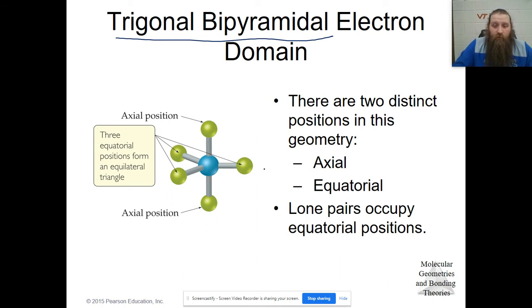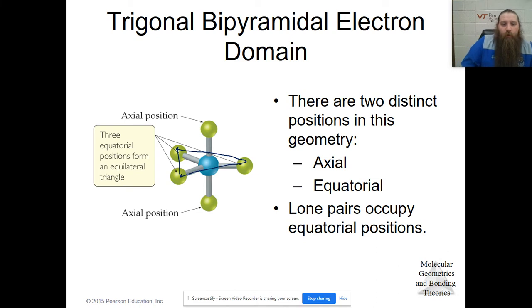You'll be able to talk about the axial positions, which are the atoms above and below the plane of the triangle, and the equatorial position. So here is the equatorial triangle.